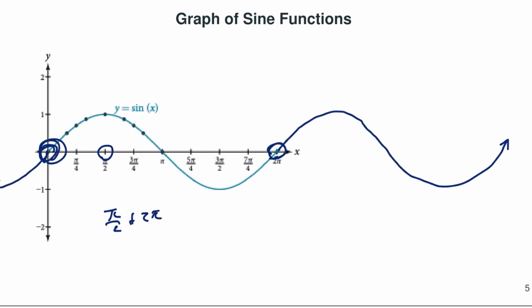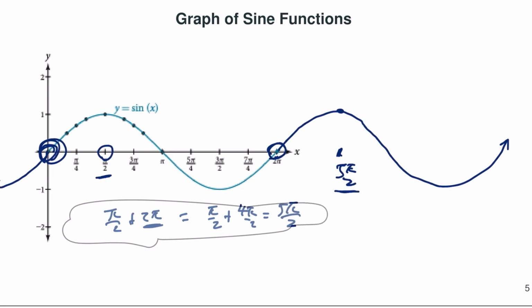For coterminal, we have to add 2 pi, right? Which gives us pi over 2 plus 4 pi over 2, which gives us 5 pi over 2. 5 pi over 2 is right here. So sine pi over 2 and sine 5 pi over 2 have the same output. That's why the graph repeats forever, because of the coterminalness of angles.